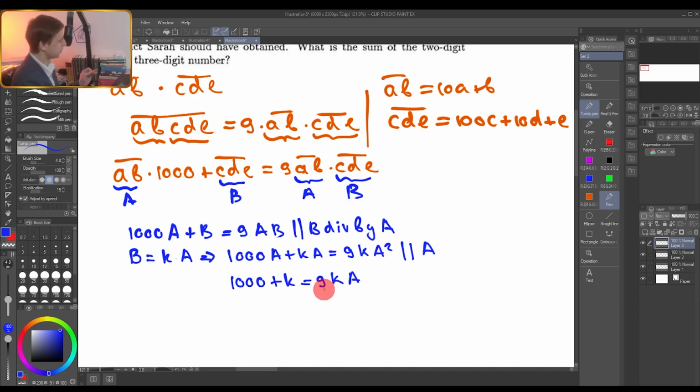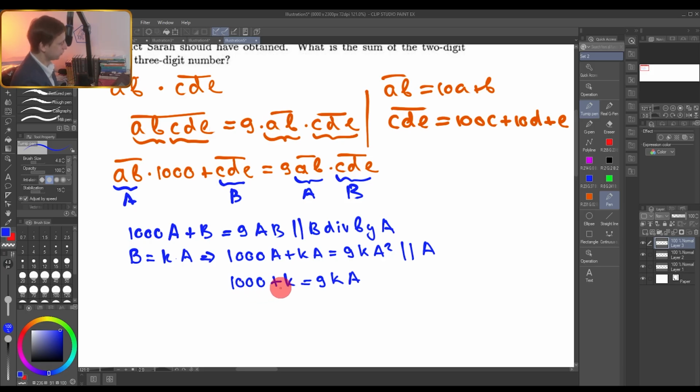And here, you see, we have again an equation, and of course, we need to use the fact that we have integer numbers everywhere here. Here, K, and it means this one is divisible by K, this one is divisible by K, and therefore 1000 is divisible by K. And it is a great thing for us, because 1000 has a lot of factors. It is divisible by many numbers, but however, it is not divisible by every number.